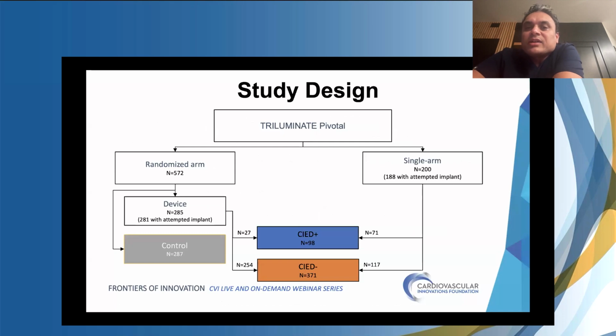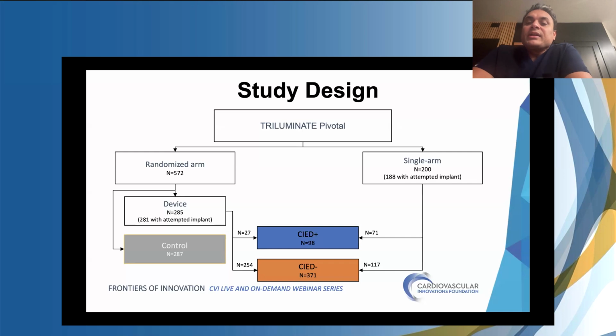And so this is what it looked like. If you look at all the patients in the Triluminate pivotal trial, including the randomized and single arm, in the randomized arm, and obviously we're only looking at device patients in this study, most of them did not have the presence of a lead. Only 27 had a lead in the randomized arm.